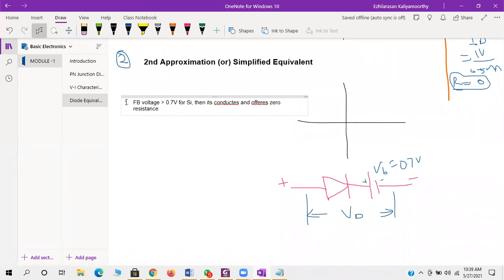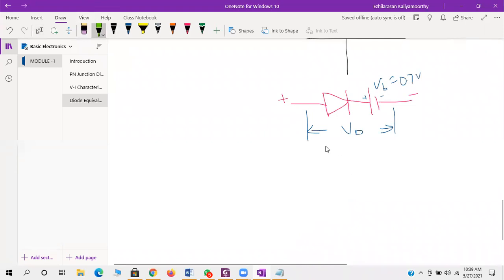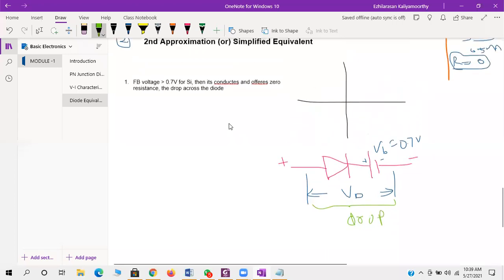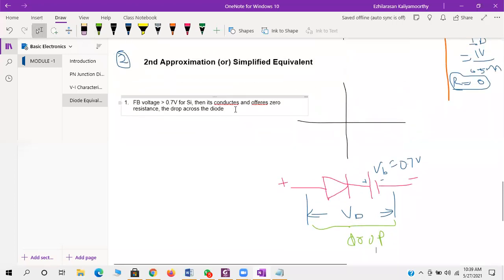Next, the voltage drop across the diode, this only is VD. So the drop across the diode is 0.7 volt.